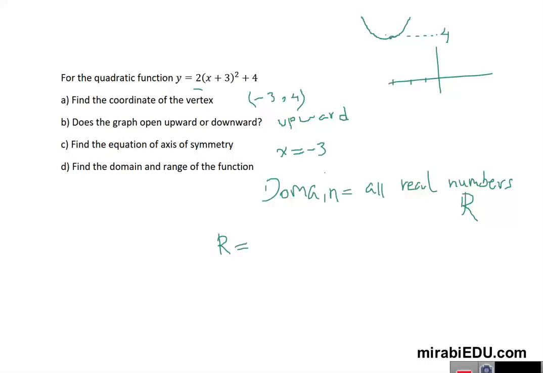So we know that the y values are greater than or equal to 4. If we want to write it in interval form, we can write it like this, 4 to positive infinity, or if the student hasn't learned the interval, we can write all the real values which are greater than or equal to 4. Okay, that's it.